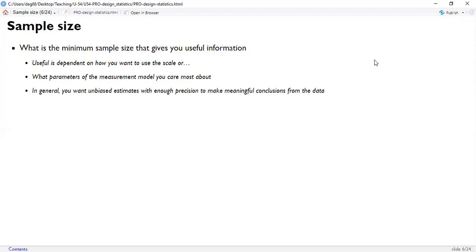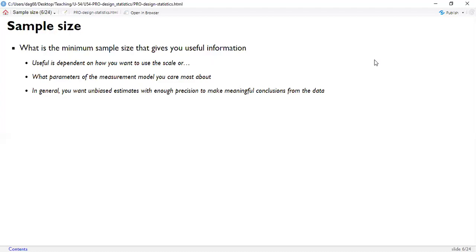So if you have, say, a two-factor confirmatory factor model, you might care about the correlation among the factors more so than the individual factor loadings for some reason. And so you might need a larger sample size to make sure you have unbiased estimates of those.